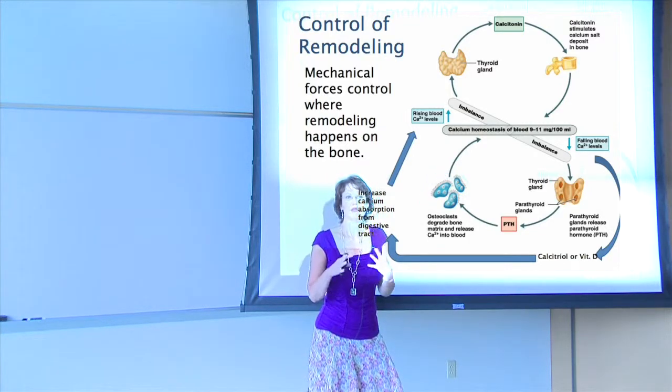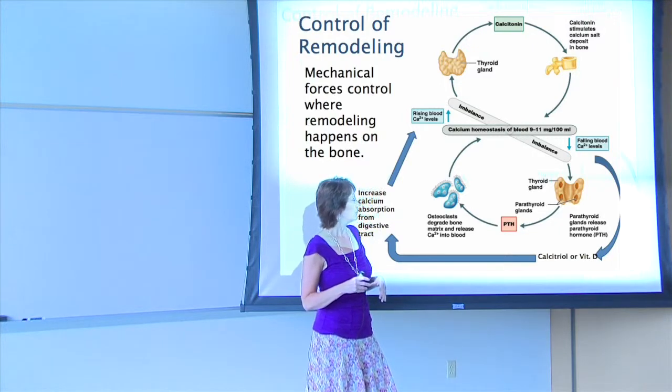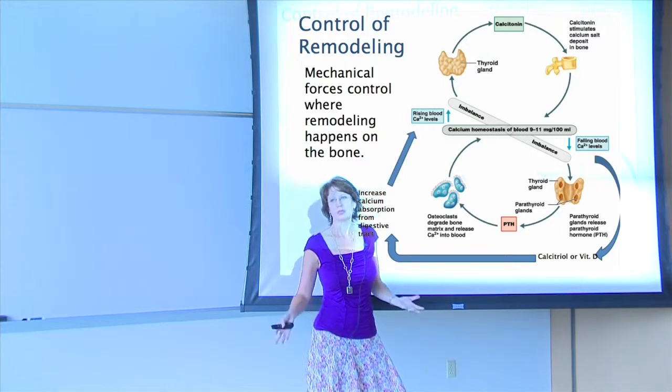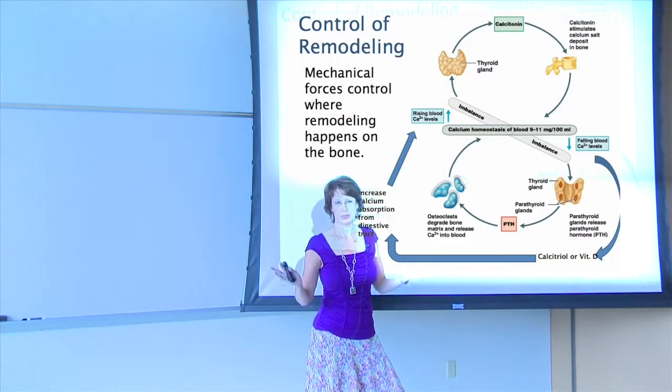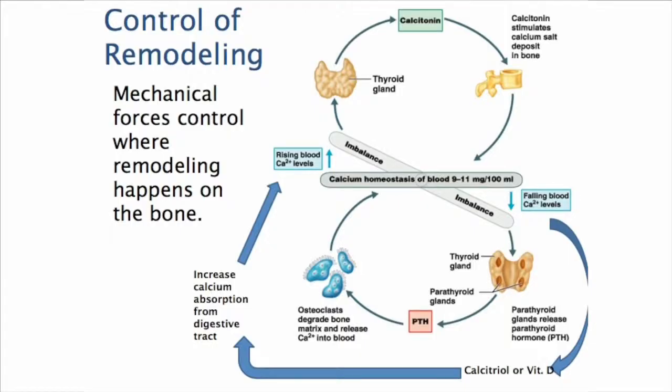This is all kind of internal within your body, and obviously you're losing calcium as well. You're peeing it out like everything else. So another important hormone, more commonly known as vitamin D, but also called calcitriol.